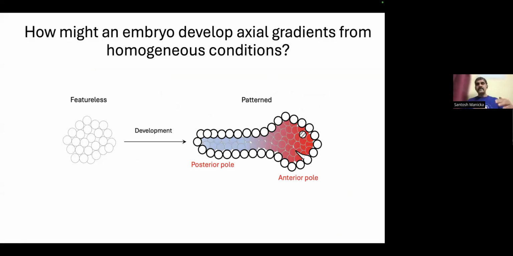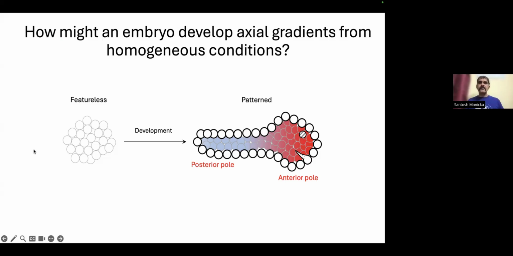And so the process of embryogenesis breaks many of those symmetries that those blobs have during the early phase of embryogenesis. And then it forms some sort of axes that has fewer symmetries. For example, if you look at a tadpole, it has an anterior pole and a posterior pole that did not exist before when it was almost featureless.